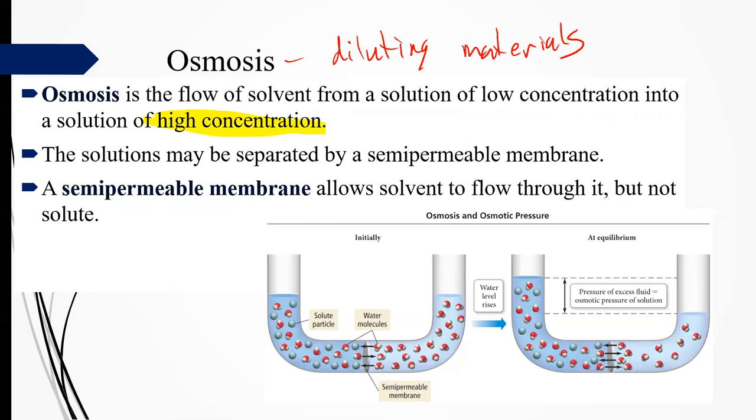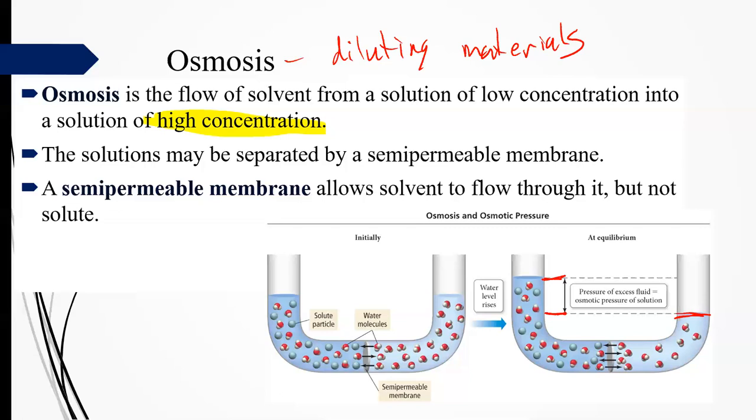So in osmosis, if we were to separate a solution by a membrane that allows solvent to flow through it, but not the solute, what you'll see is that the concentrated side is going to increase in its volume compared to the more dilute side. Eventually it will stop because there's enough pressure from one side compared to the other that we won't be able to overcome that force.